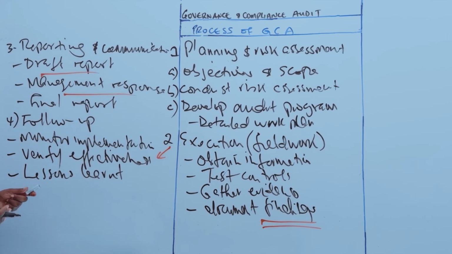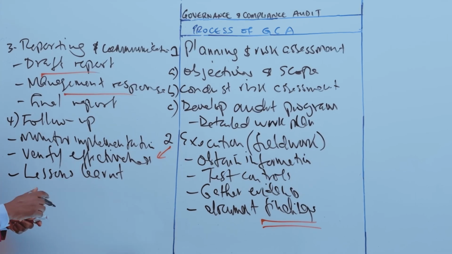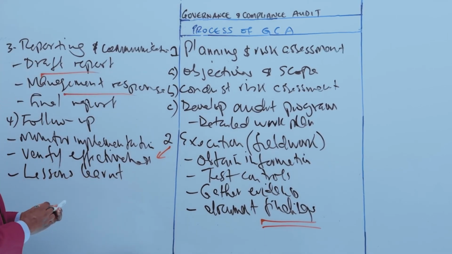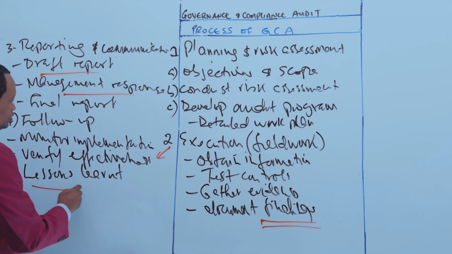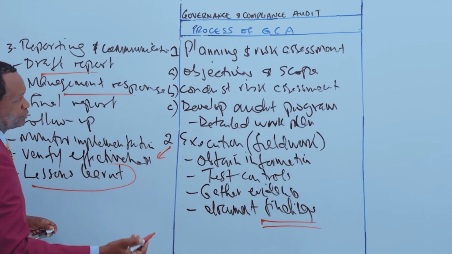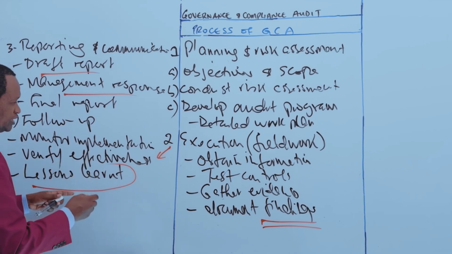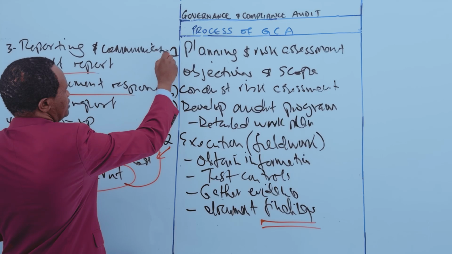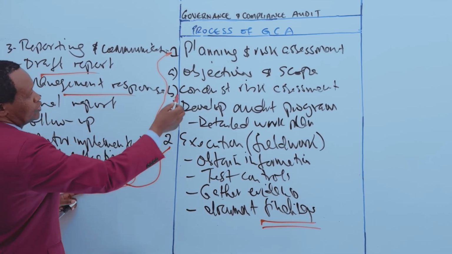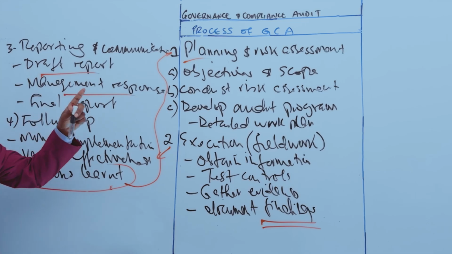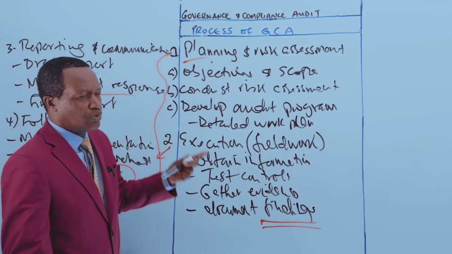And this feedback loop is used to improve the planning and execution of the next audit, because this marks the end of the audit. You take the lessons, because auditing is a continual process. After this year, when planning the next audit, the lessons that are learned here are used to make improvement when planning and carrying out the subsequent audits.